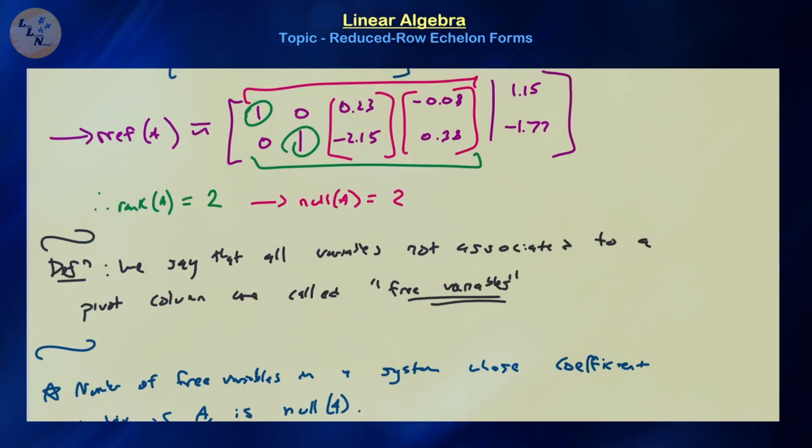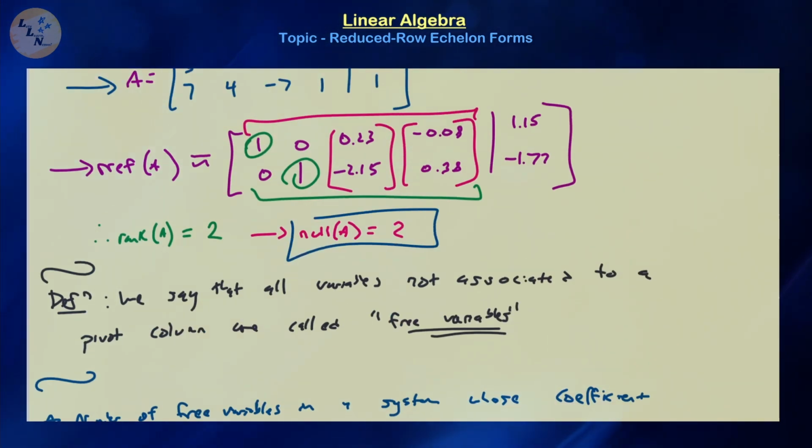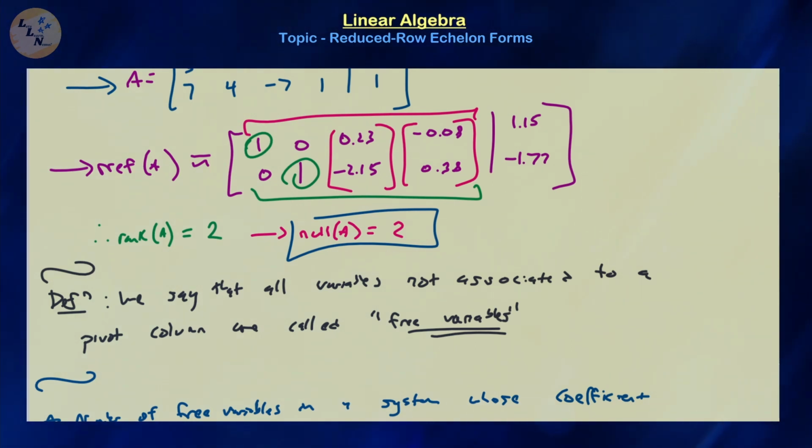Because the nullity corresponds to the number of columns that do not have a pivot, and by definition, the variables associated to those columns are called free variables. So you can quickly determine how many free variables you have by looking at the nullity of that matrix.